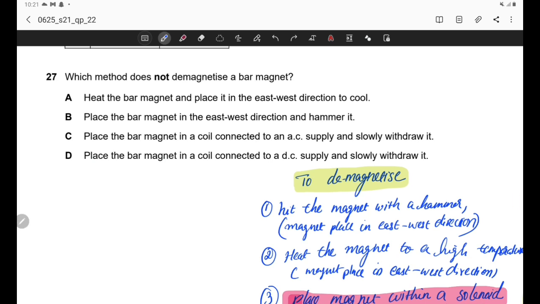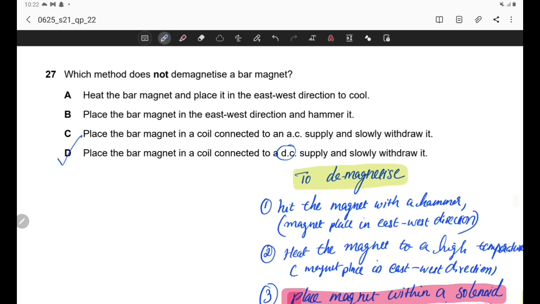This option is also correct. Option D, place the bar magnet in a coil connected to a DC supply and slowly withdraw it. This is wrong. It should be AC. Therefore, using the method mentioned in option D, we cannot demagnetize a bar magnet. The correct answer is option D.